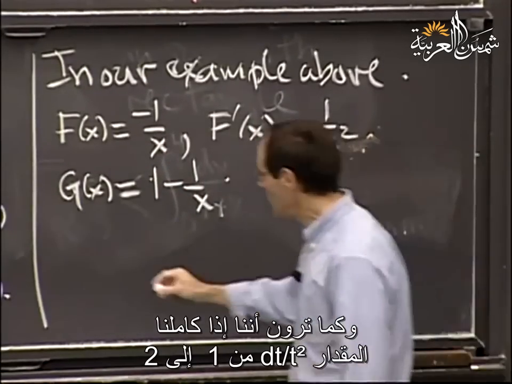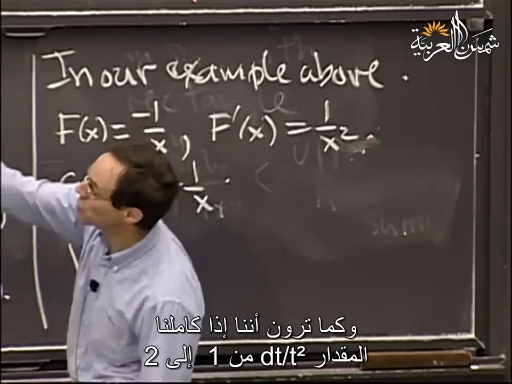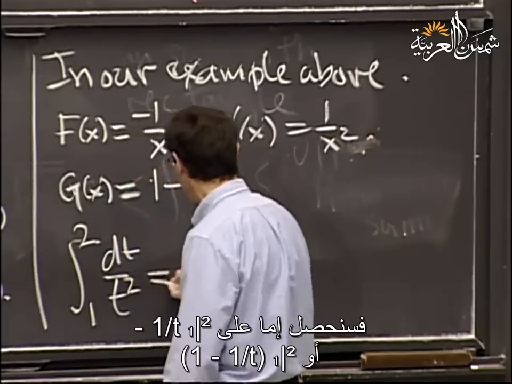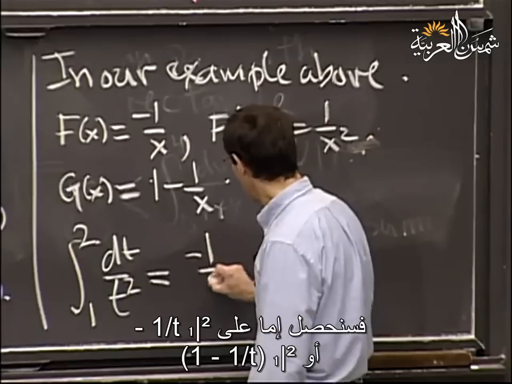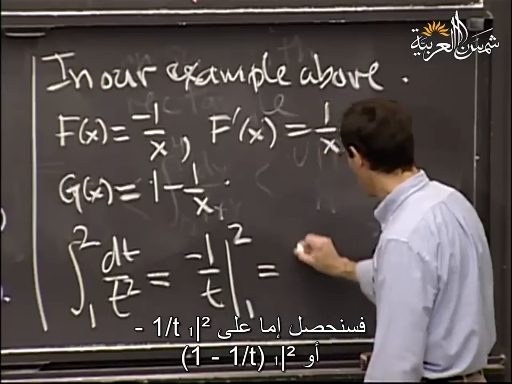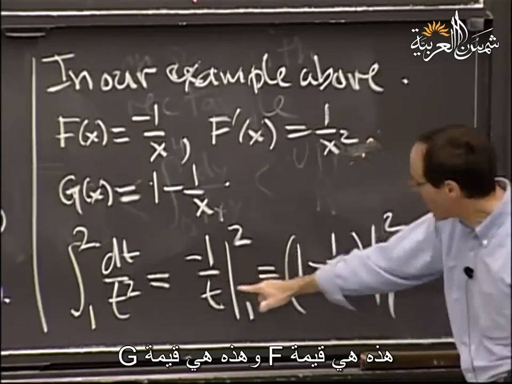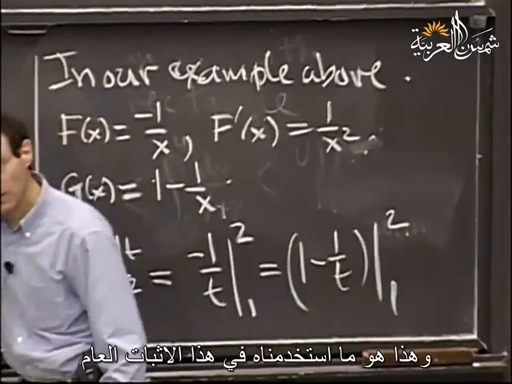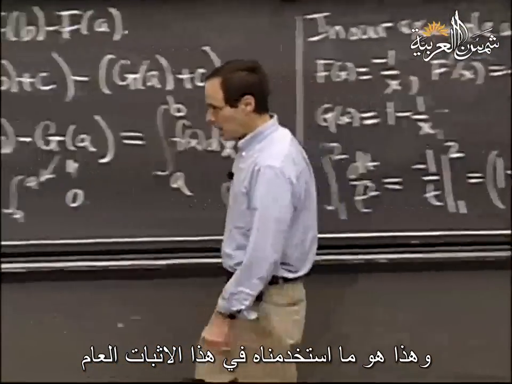And you can see that either way you do that, if you integrate from 1 to 2, let's say, which is what we had over there, dt over t squared, you're going to get either minus 1 over t from 1 to 2, or, if you like, 1 minus 1 over t from 1 to 2. So this is the f version. This is the g version. And that's what plays itself out here in this general proof.